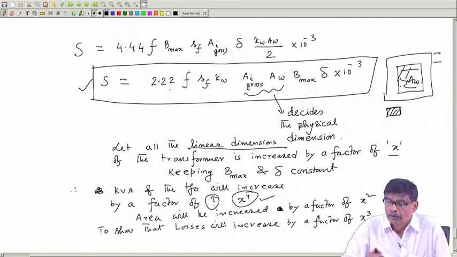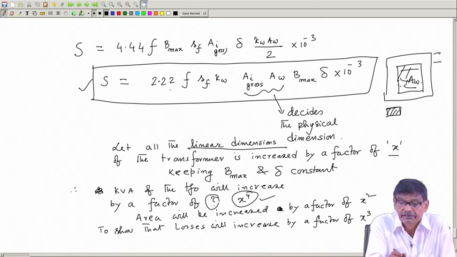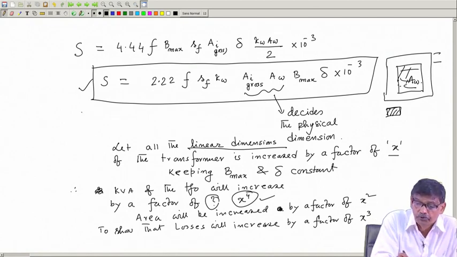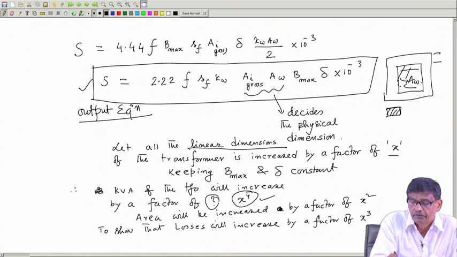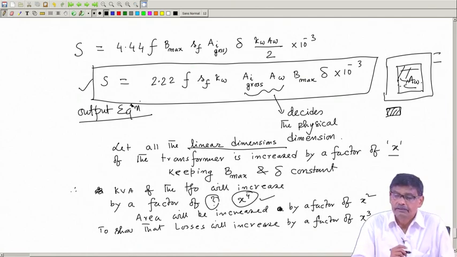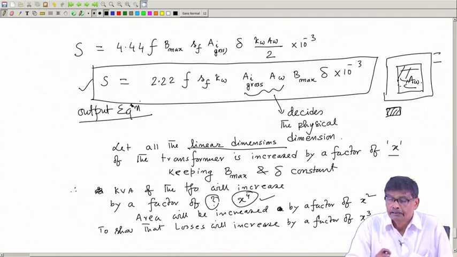However, what I was trying to tell here, this equation is called output equation, mind you, this is the output equation of a transformer.